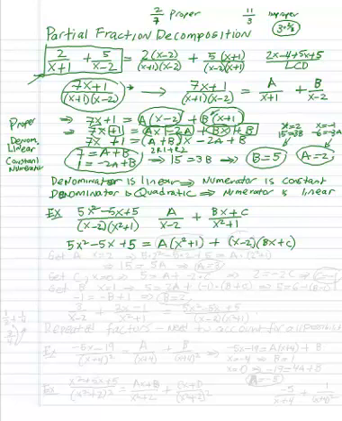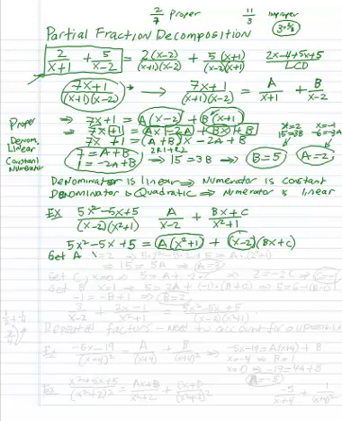And there's one of the equations. Using our Heaviside method, we can get a for free by plugging in x equal to 2. If I put in x equal 2, this factor goes to 0, and so the only term left would be the one involving a.